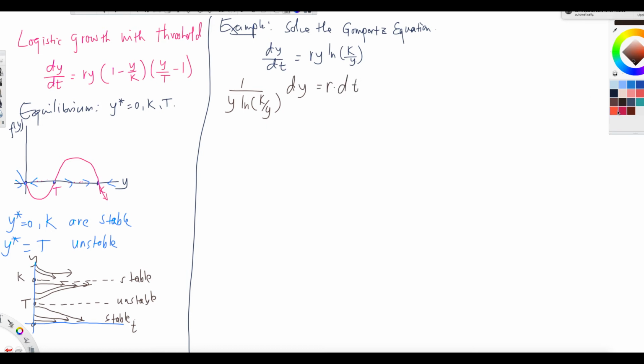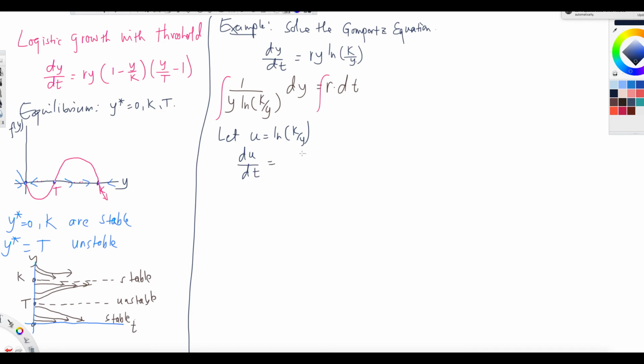Now I want to integrate this on both sides. How would you integrate the left hand side? I think you need to use u substitution. Let u equal natural log of k over y. So what is du over dt then?